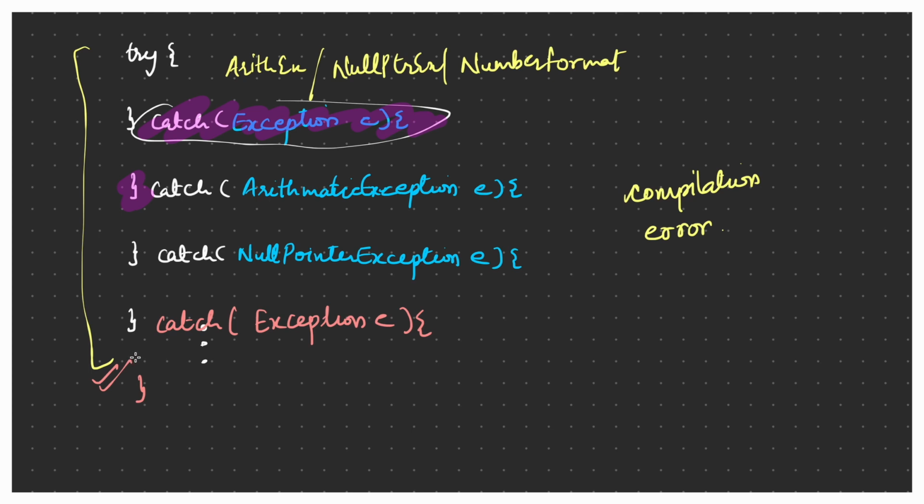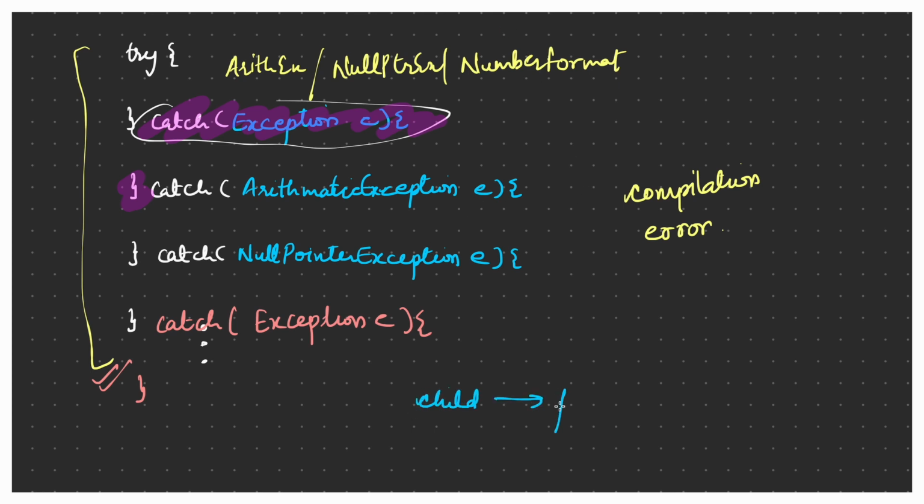So can we conclude that if there is a parent-child relationship between the classes, like these two are children of the Exception class, then multiple catch clauses need to follow the bottom-up hierarchy? Bottom-up hierarchy means child first, then parent.